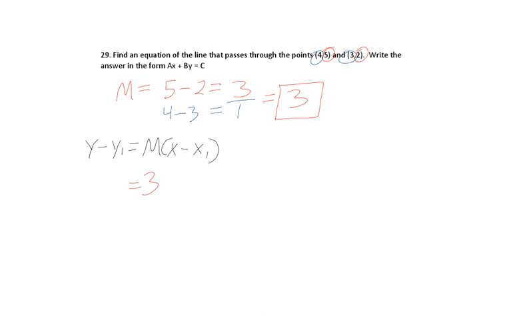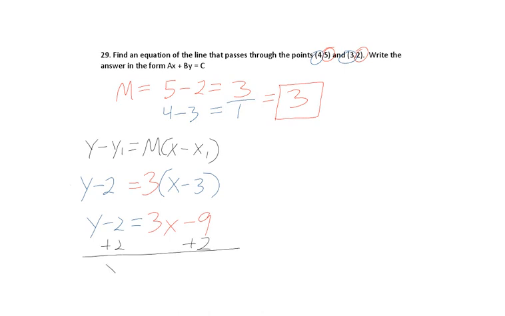So, it's going to go y minus 2 equals 3 parentheses x minus 3. Let's solve. 3 can distribute, so 3 times x is 3x. And 3 times 3, that's going to be 9. And then from here I'll add 2. So what you get is y equals 3x minus 7.